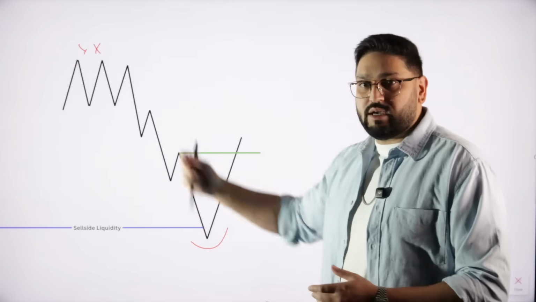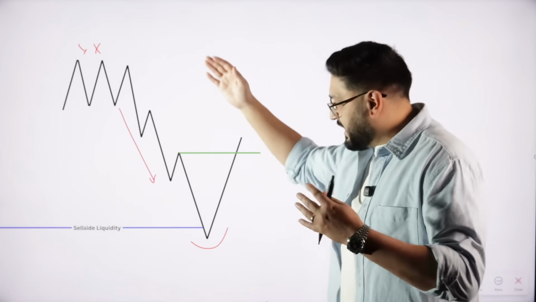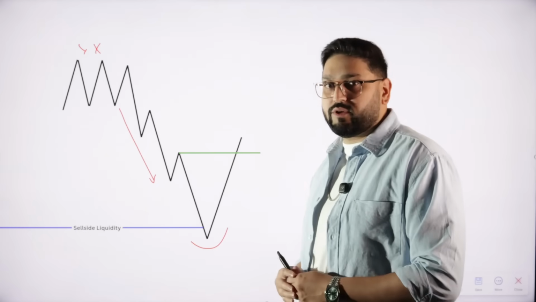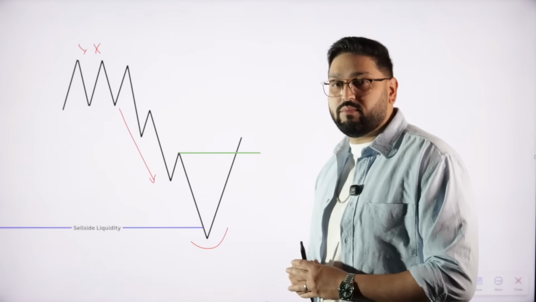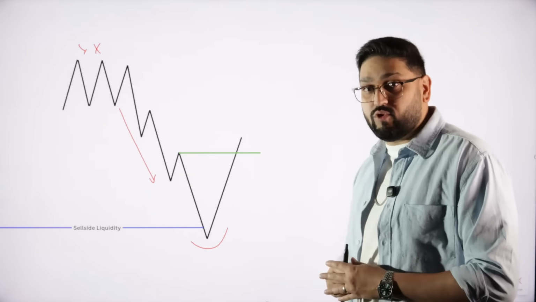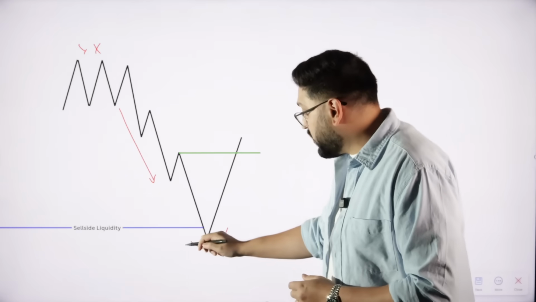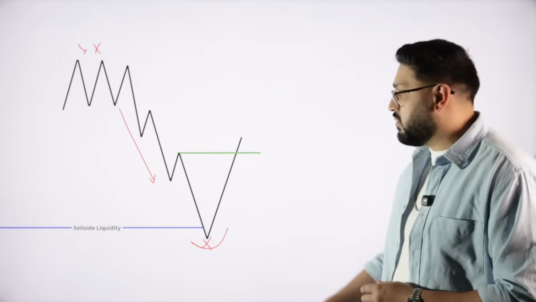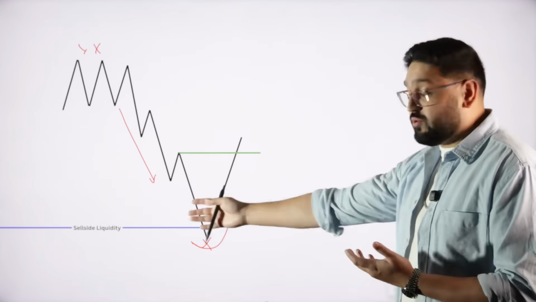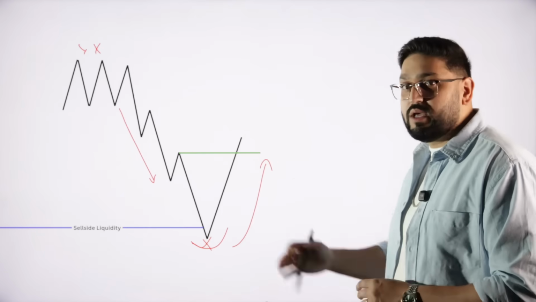If we see a type 3 dealing range form and then we see the market reprice lower, we can trade in the counter trend direction, but that requires a little bit more experience. In my opinion, if the higher time frame draw is higher and then we have equal highs, it's better for us to wait for this to occur, where we raid sell side liquidity and or an inefficiency below the market, and then see the market turn around like we do here.